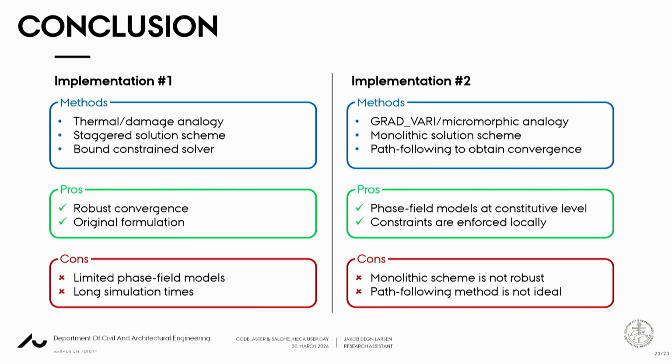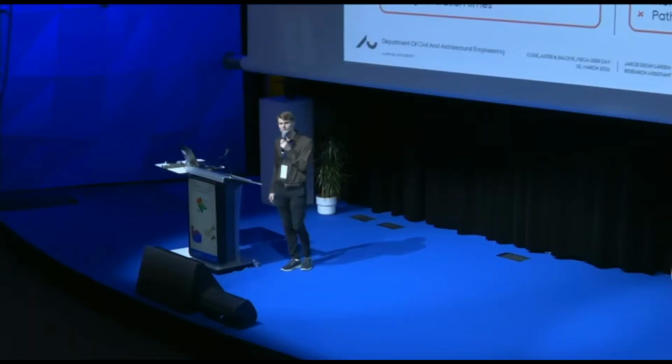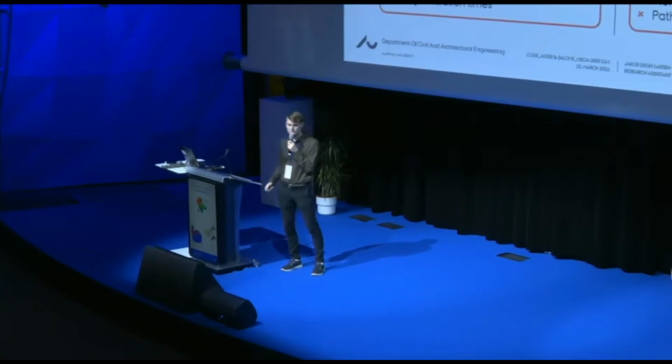And then we can enforce the constraints locally, so we don't need a bound constraint solver. The disadvantage of this method is that the monolithic scheme is not robust by itself, and the path following method, at least the one we chose, is maybe not ideal for this kind of case because it uses a lot of time steps to get the full response.